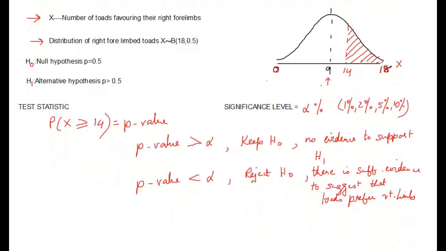There's no evidence to support the alternative hypothesis. On the other hand, if the p-value is less than the significance level, then we can reject the null hypothesis because there's sufficient evidence to suggest that toads prefer their right limbs.